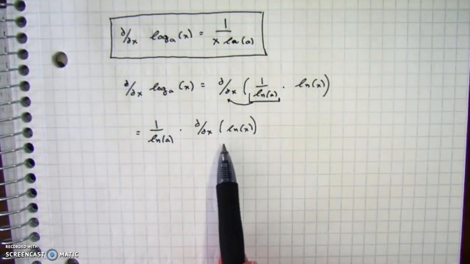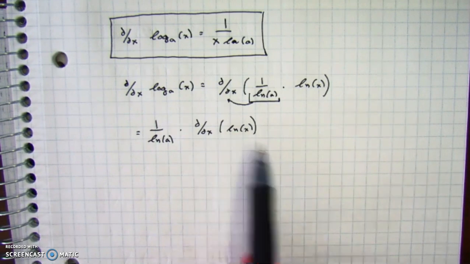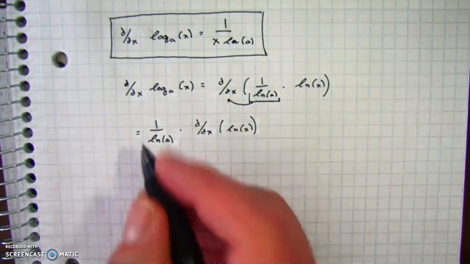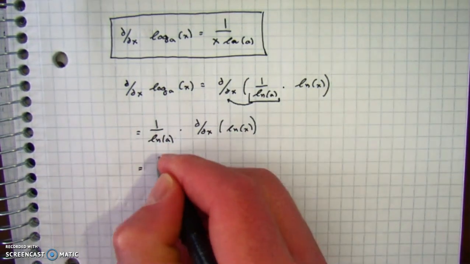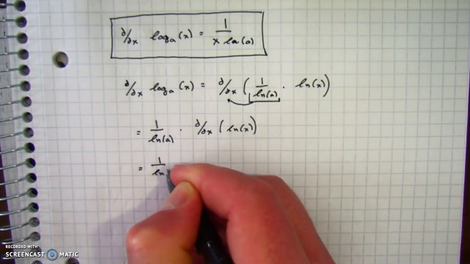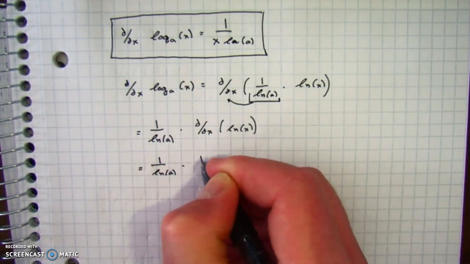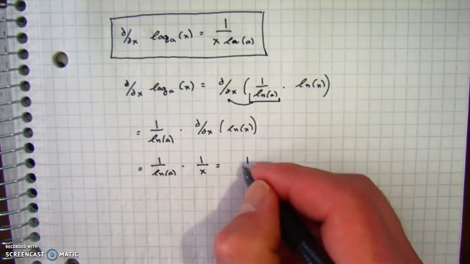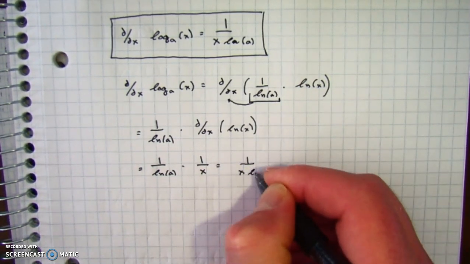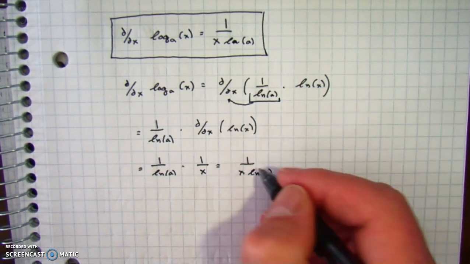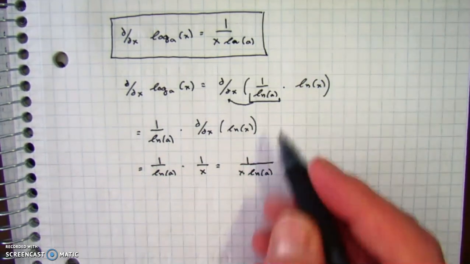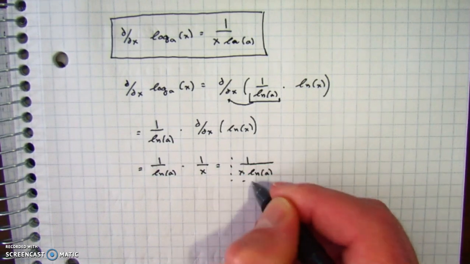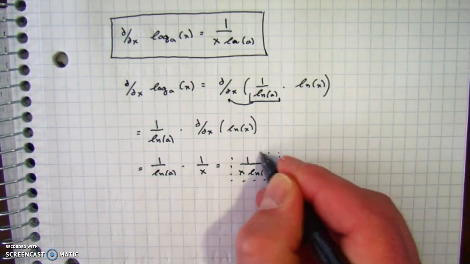Well, we just proved that the derivative of the natural log of x equals 1 over x. So I've got 1 over the natural log of a times 1 over x. Then I can simplify this to 1 over x times the natural log of a. And there we go. That's what I'm looking for.